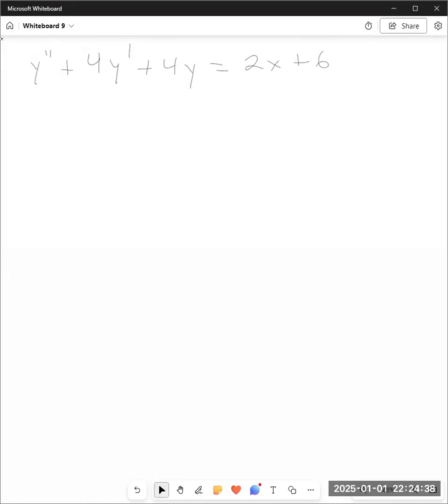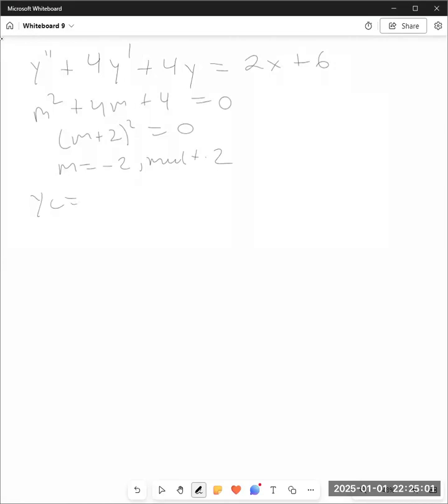So the auxiliary equation here is m squared plus 4m plus 4 equals 0, which is m plus 2 squared equals 0. So m equals -2, multiplicity 2.